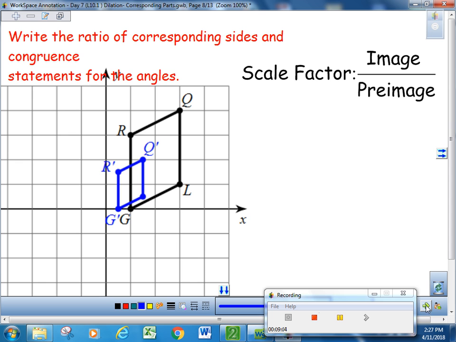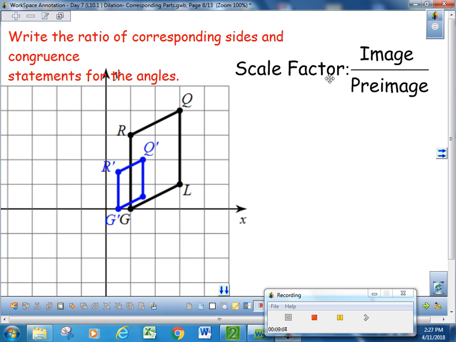Okay, so make sure your notes are out. We're going to look at this figure, and we're going to practice writing our angle statements. So for the first one, you just pick a corner.